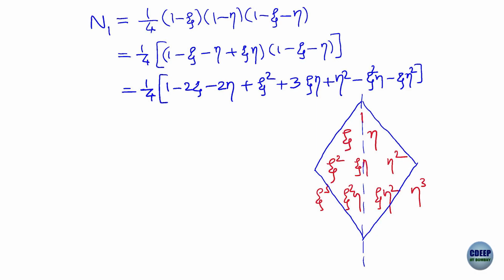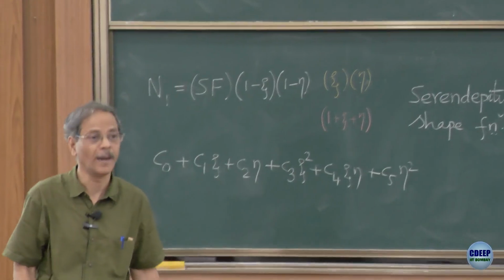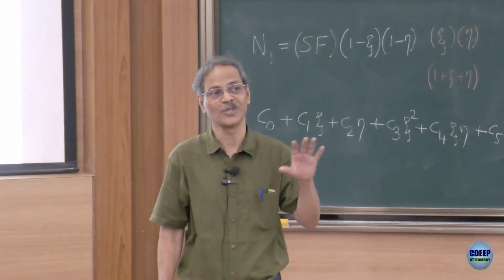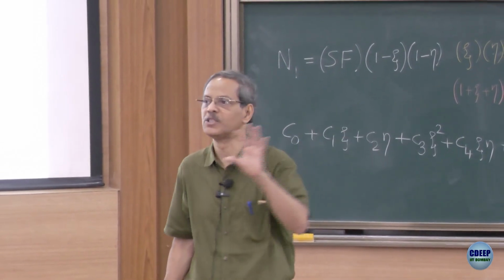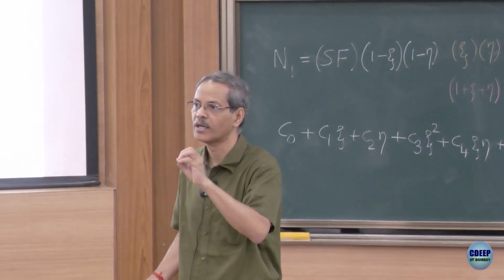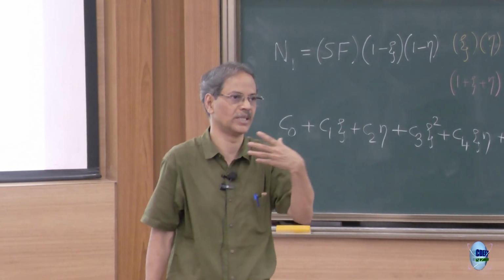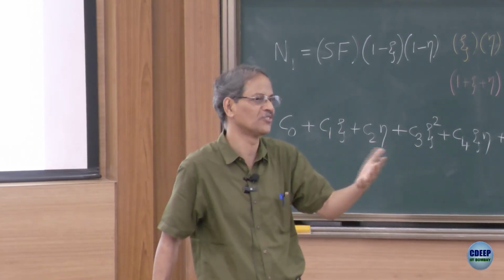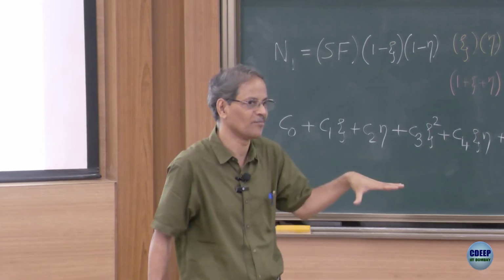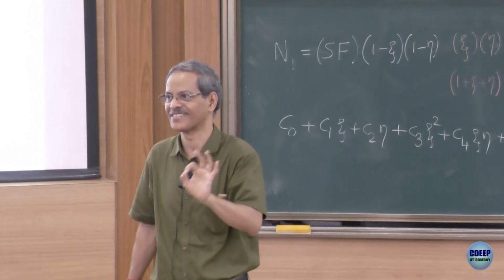If you expand this, I am not sure what you would get. You may get similar terms or something else. Okay. So it is possible. The reason why I am explaining in this manner is that when you are using your own intuition to come up with certain shape functions, not following the systematic method, because that was laborious, tedious, so we discarded that method, that would lead to one unique set of shape functions.